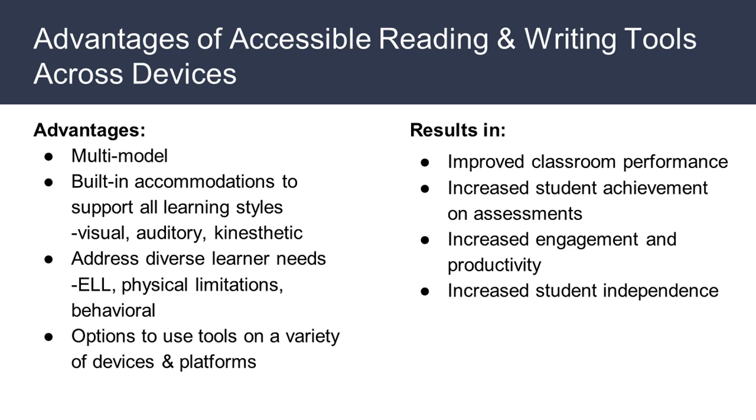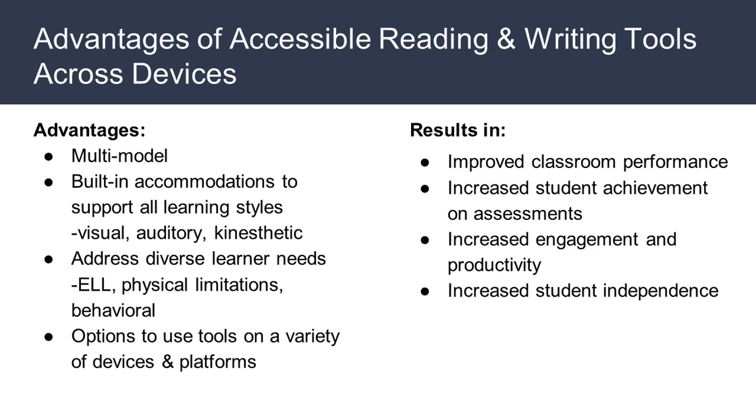So again, Co-Writer is not just for someone who's dyslexic, but even someone who's physically impaired and needs to just have fewer keystrokes to get their words out, saving keystrokes. Someone that needs to hear it read back as they're typing it. So all those things are built into the Co-Writer. And then it addresses diverse learner needs.